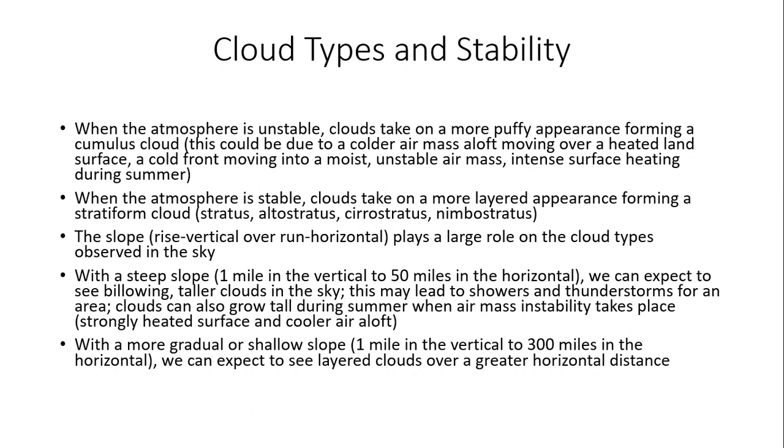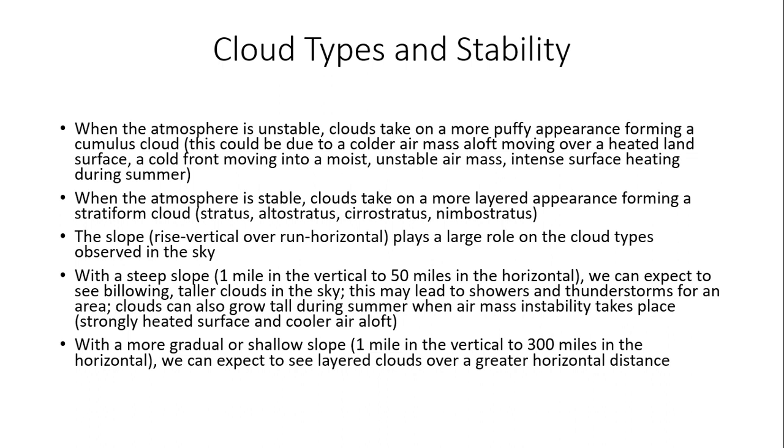Now, when the atmosphere is stable, on the other hand, clouds are going to take on a more layered appearance, forming stratus clouds or stratiform clouds. Here's a couple examples of stratus clouds. We have just regular stratus. We have mid-level altostratus. We have higher level cirrostratus. And then we have a more continuous precipitation-producing cloud known as nimbostratus.